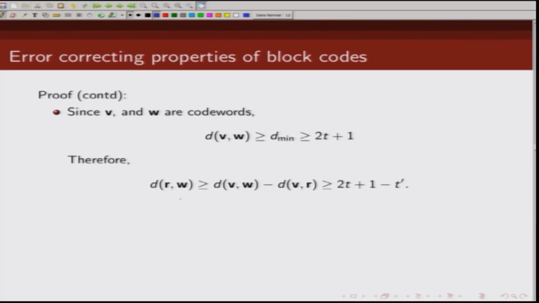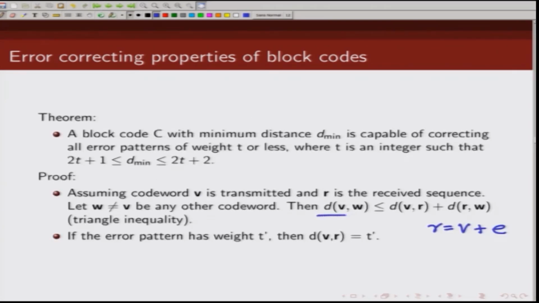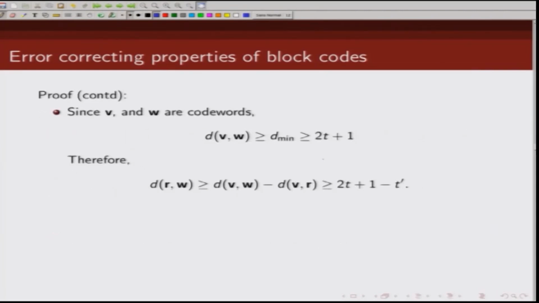Now, from the triangular inequality we know that the Hamming distance between V and W is less than or equal to Hamming distance between R and W plus Hamming distance between R and V, right.